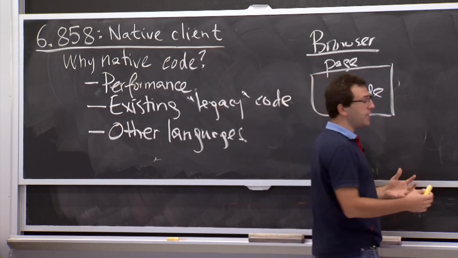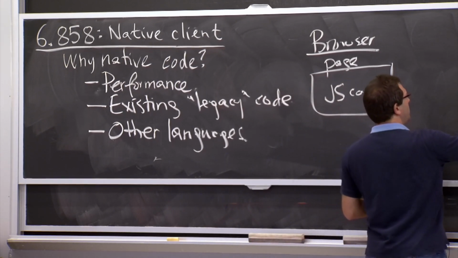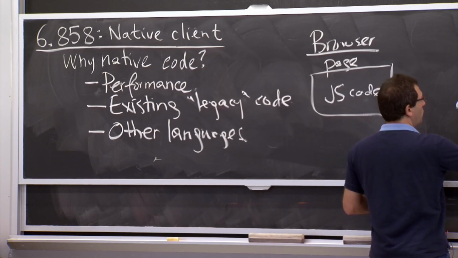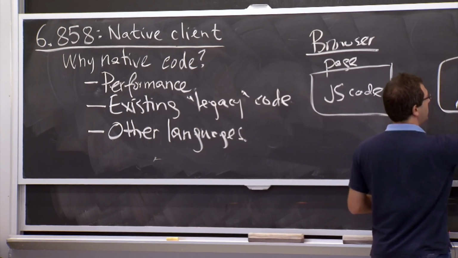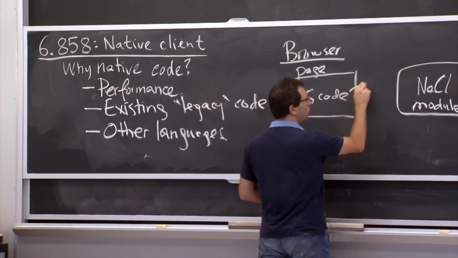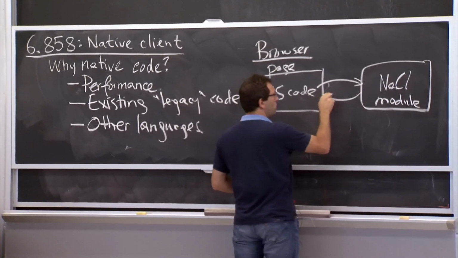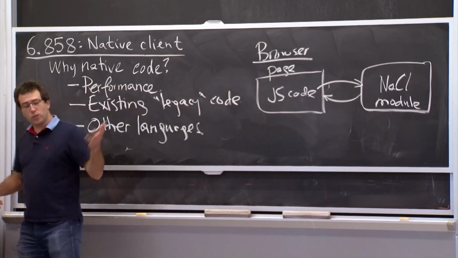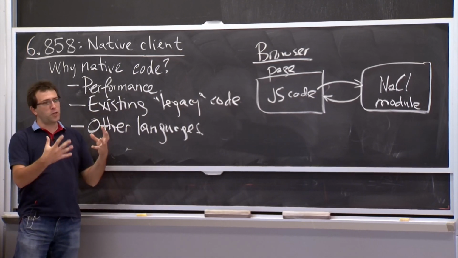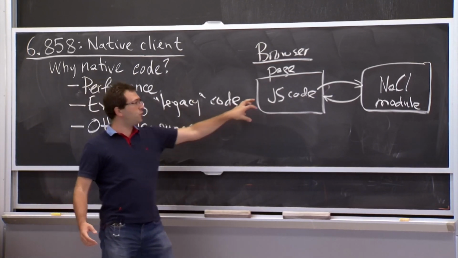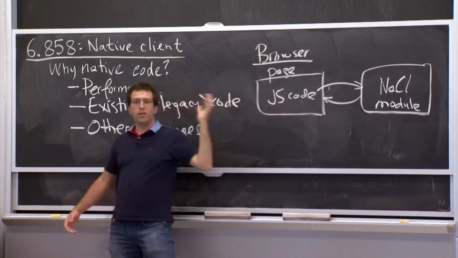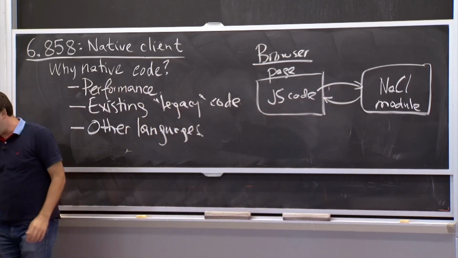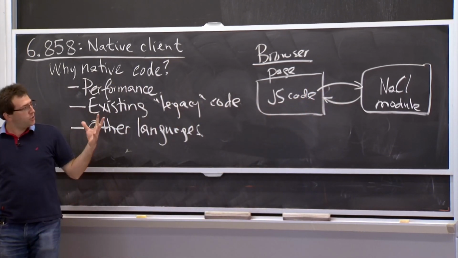But what Native Client allows you to do is to have this Native Client module running off to the side in the browser as well. The JavaScript code can interact with the Native Client module and get responses back. What you see here in this web page is the little bit of JavaScript code that's necessary to interact with the particular NaCl module that we're going to be running. And you can send messages to this module.